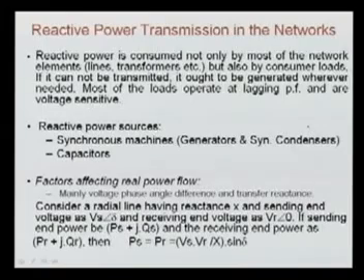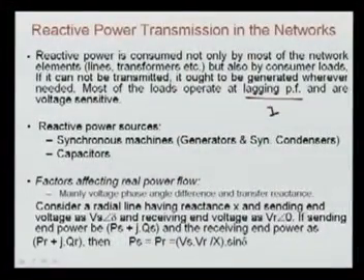You know, most of the loads operate at a lagging power factor. Why is it so? Because what are the loads right now? Most of the loads may be induction machines, that is, induction motors. So they operate at a lagging power factor because they consume reactive power.